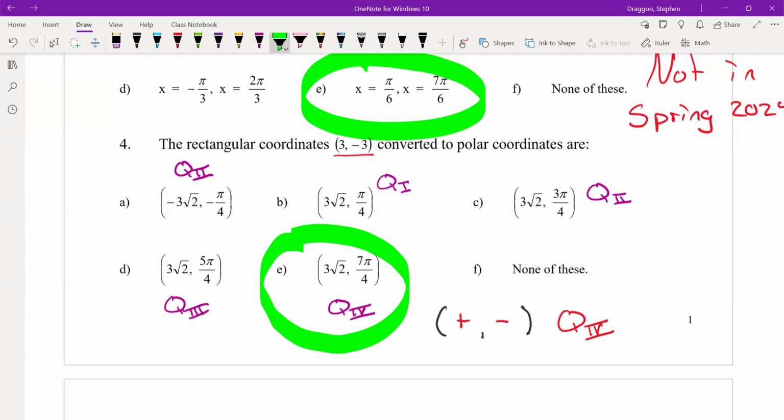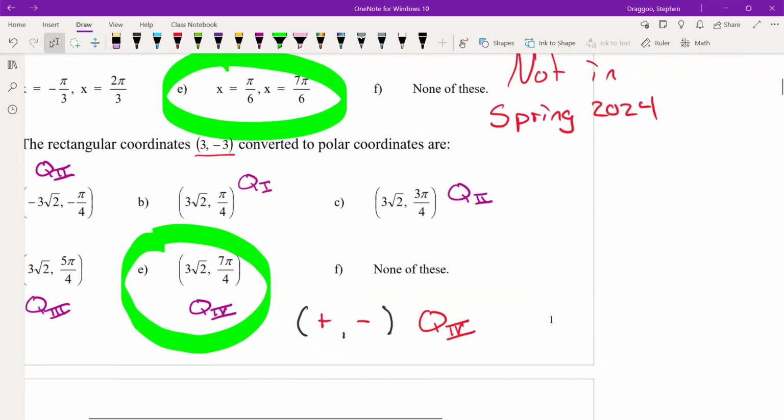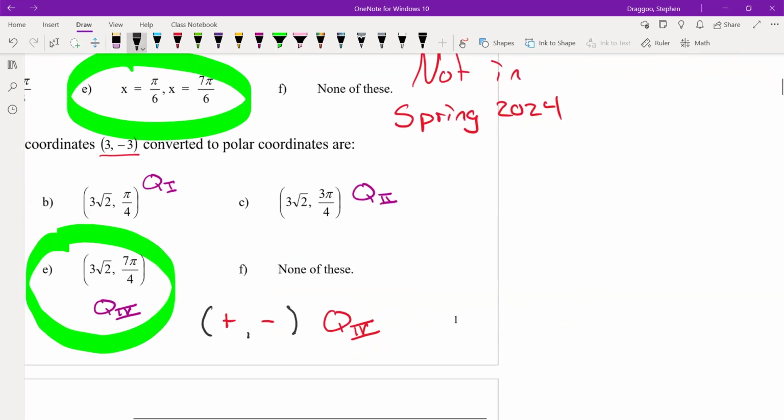The way I'd actually calculate this specifically, I'll do like this. Using my equations for polar coordinates, r squared is x squared plus y squared, which is 3 squared plus -3 squared, comes out to 18.